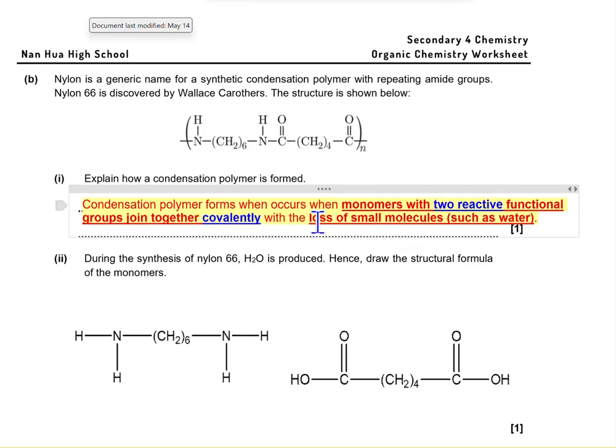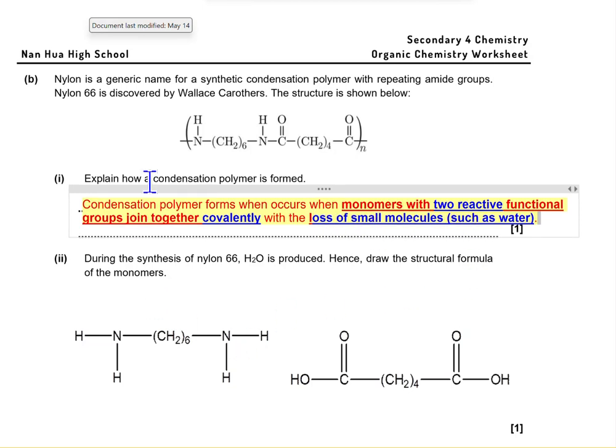So down here, we emphasize there's a loss of small molecules such as water, and this is very important. So the condensation polymer forms when two monomers with two reactive functional groups join together covalently with the loss of small molecules such as water.